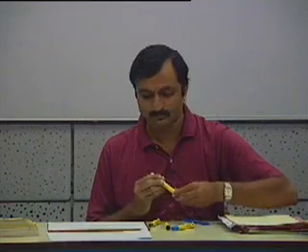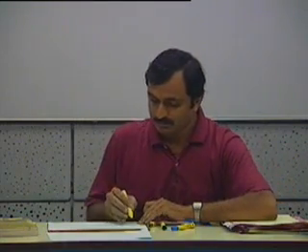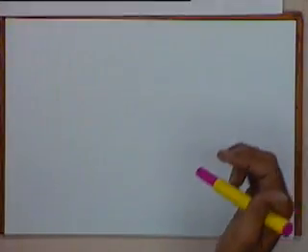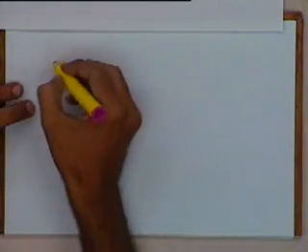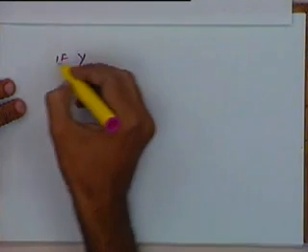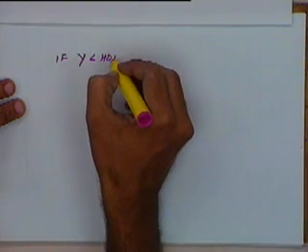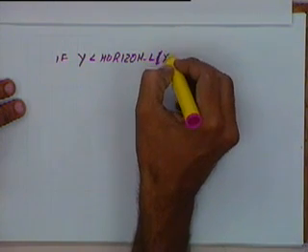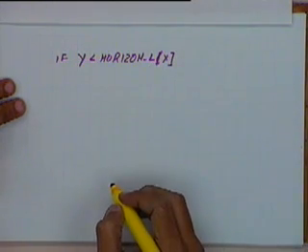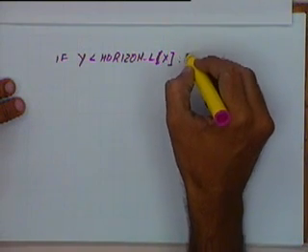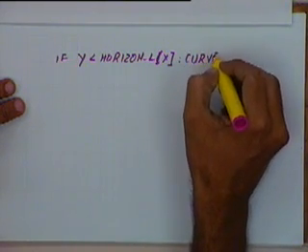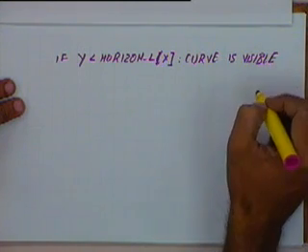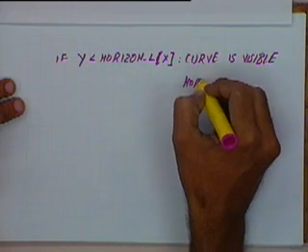In this algorithm, we will change this step, and what we will do is, we will say if y is less than horizon lower of x, then also the curve is visible, and we will update horizon lower.